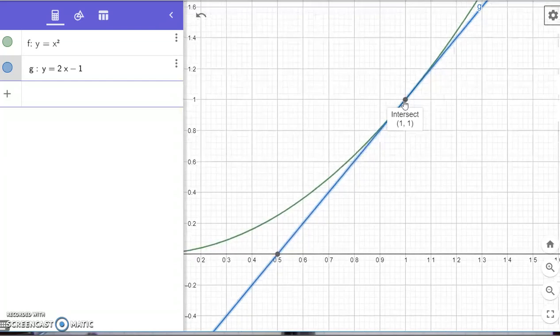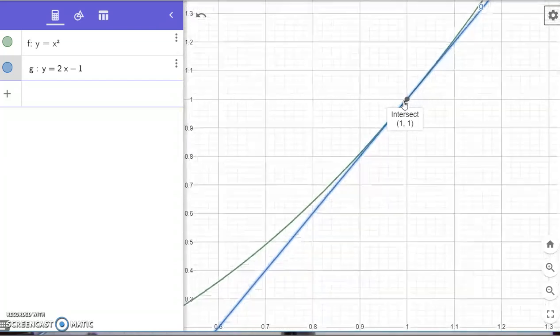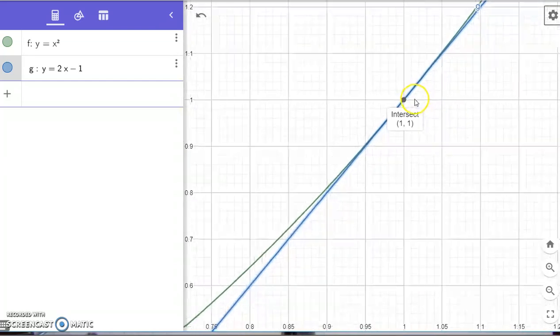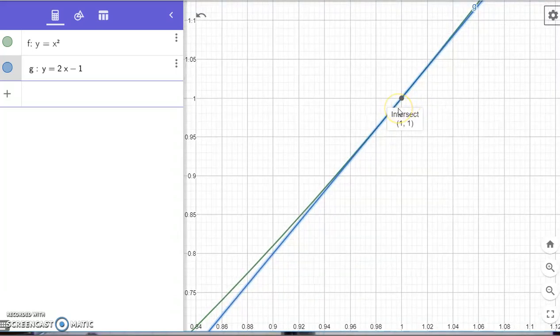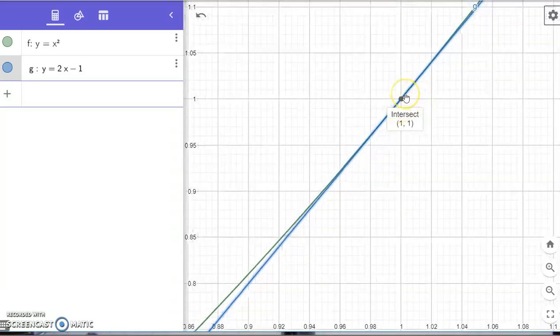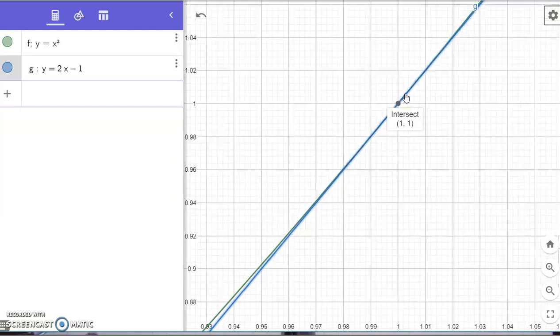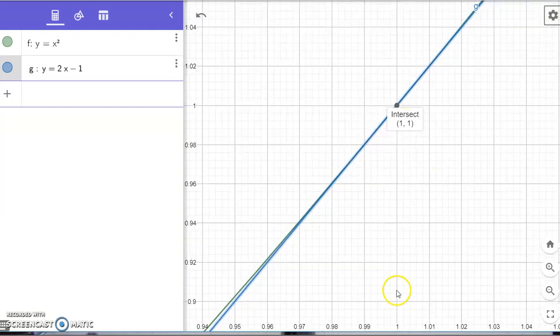You can see if we bring this in real small, and let's say you wanted to estimate from 1 to 0.01, pretty much that's going to be on the same line.